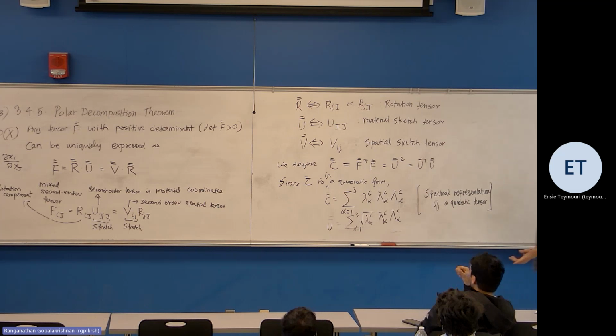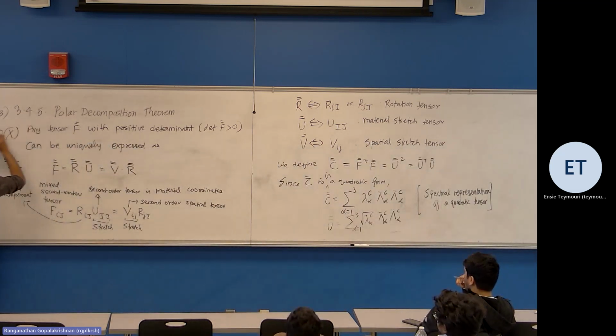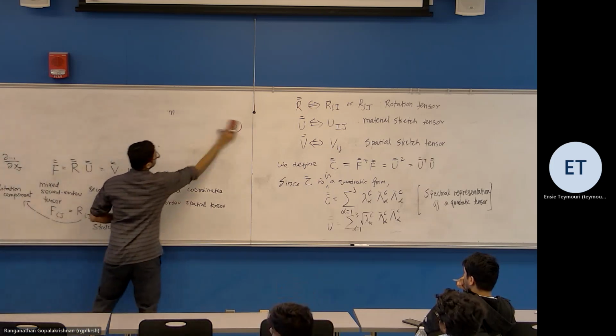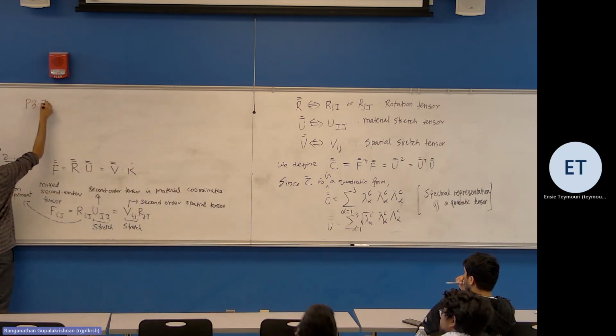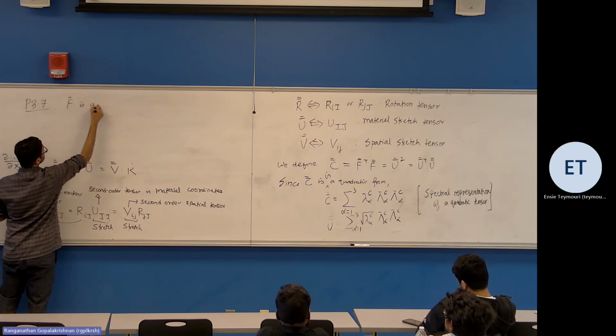So at the start of this class, I gave a pop quiz question, right? So what did we do there? That problem is actually problem 3.7 of the text. F is given.